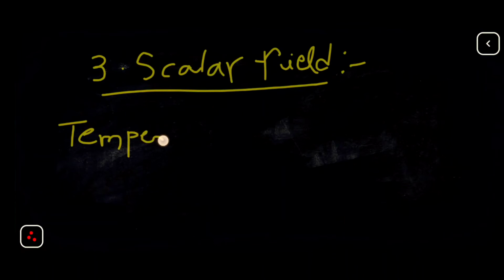The temperature of the atmosphere has a definite value in the atmosphere, but there is no need of direction to specify it. Hence, it is a scalar field.